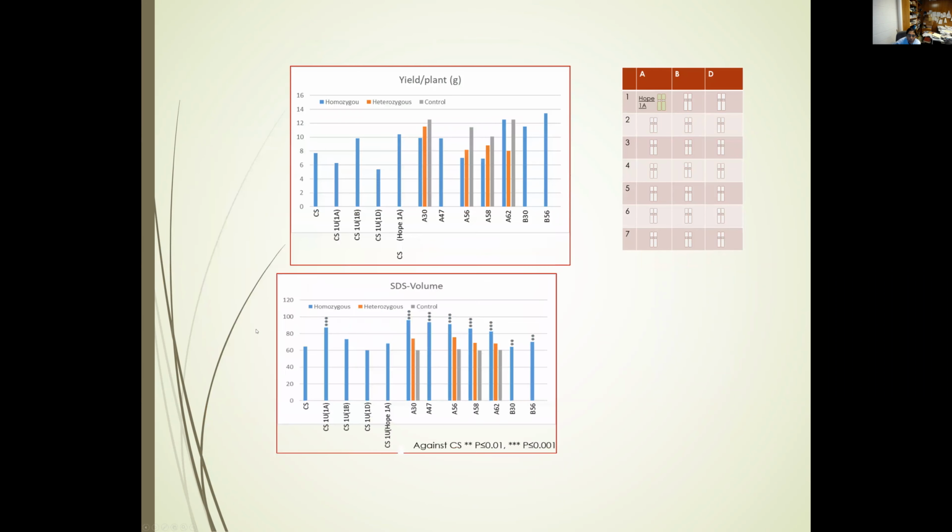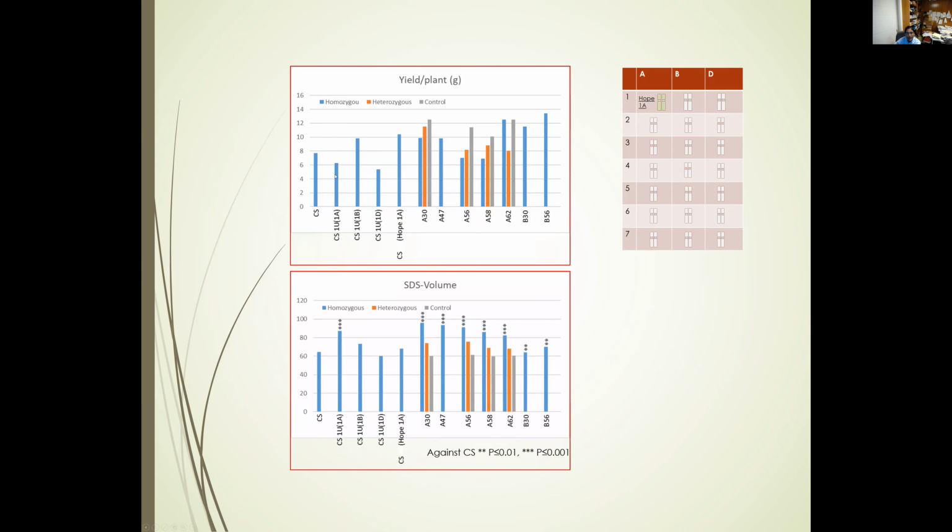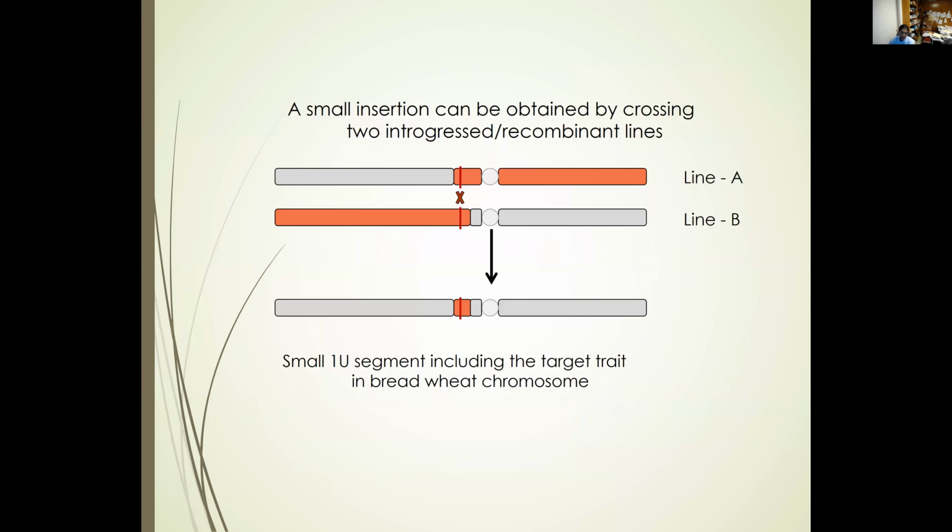The yield is not that significant, but the A line and B line show some promise. The sedimentation volume is significantly higher than the standard one. So that holds promise. What we need to do next is reduce the segment as much as possible.